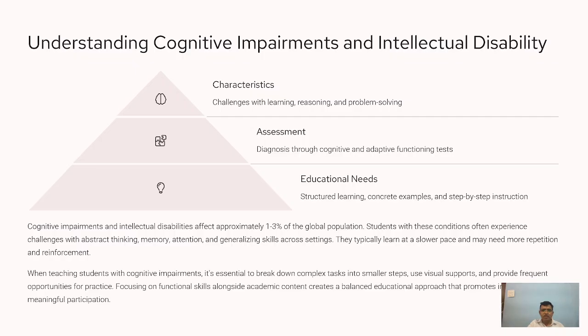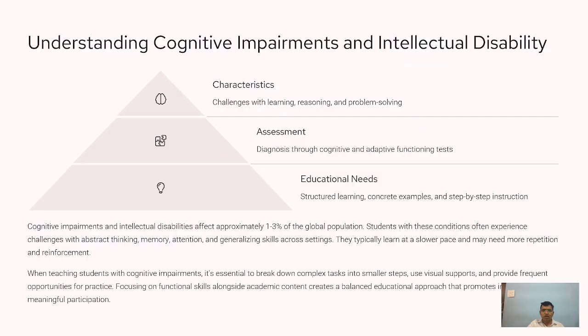When teaching them, it is essential to break down complex tasks into small steps, use visual supports, and provide frequent opportunities for practice. Focusing on functional skills alongside academic content creates a balanced educational approach that promotes independent and meaningful participation.